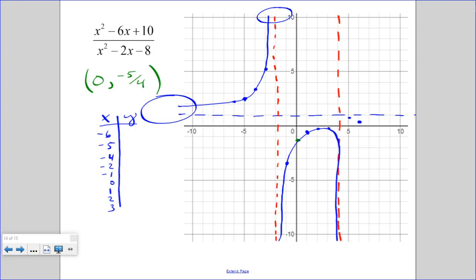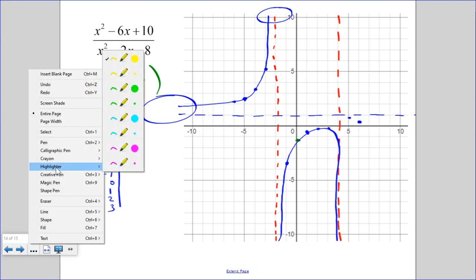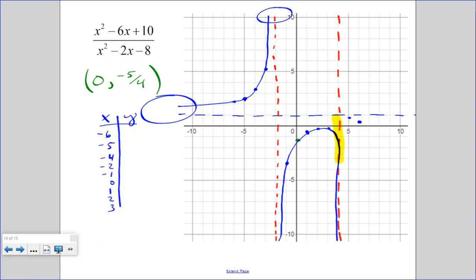Now you do actually have to plug in points over here to know if the graph is going to go back down to negative infinity or go up to positive infinity, because graphs actually can cross through their asymptotes and go up towards positive infinity.